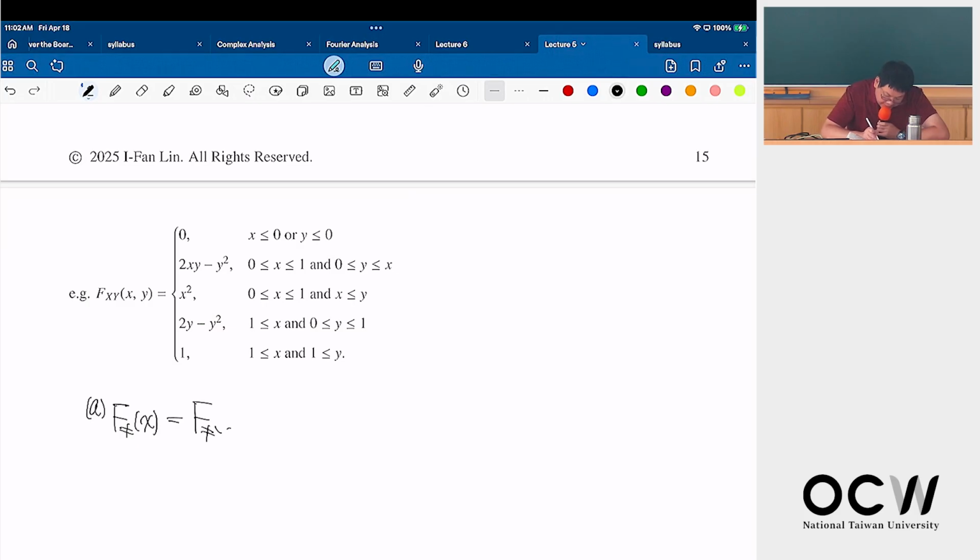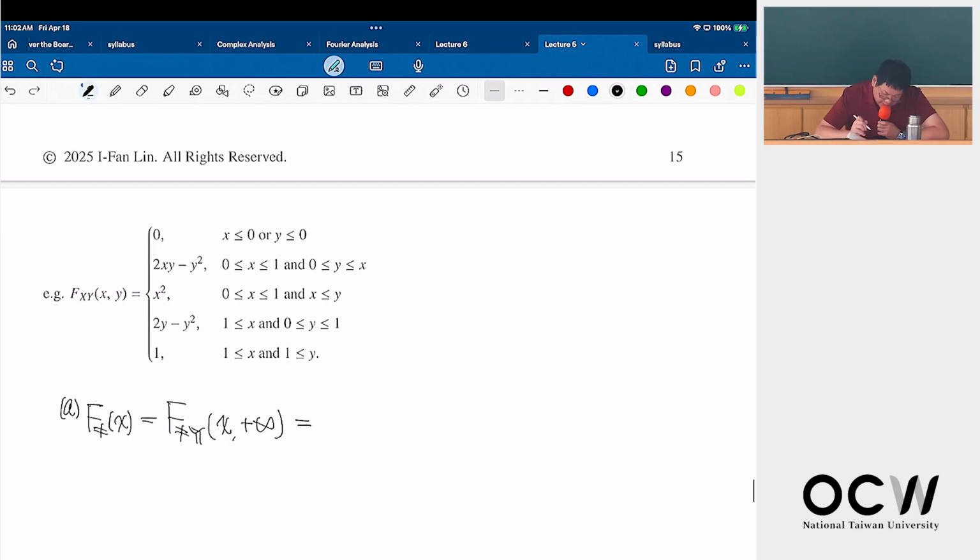That means to find the CDF of x, I don't need y, just let y go to infinity. So in this case, I have 0 when x is less than or equal to 0, x squared when x is between 0 and 1, and also 1 when x is greater than 1.